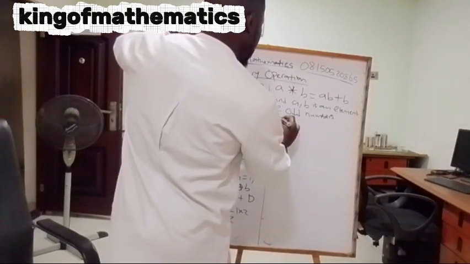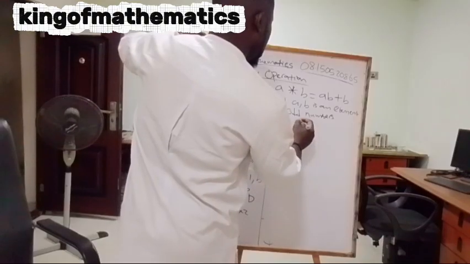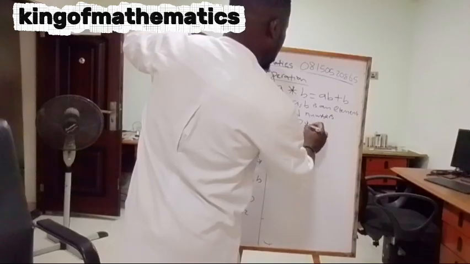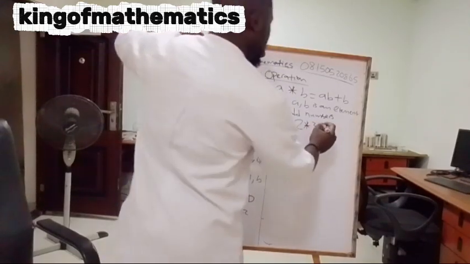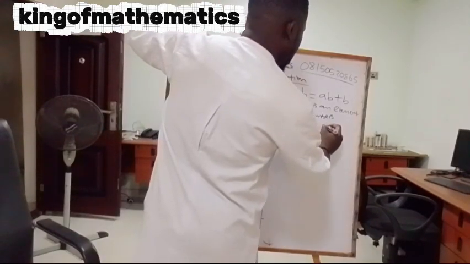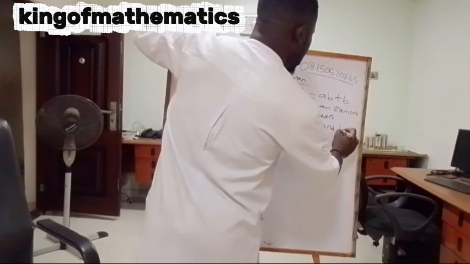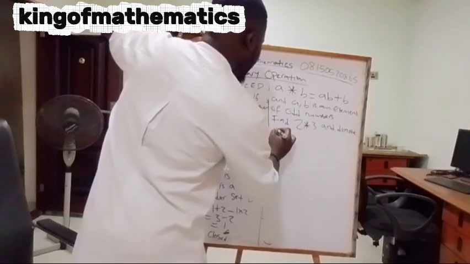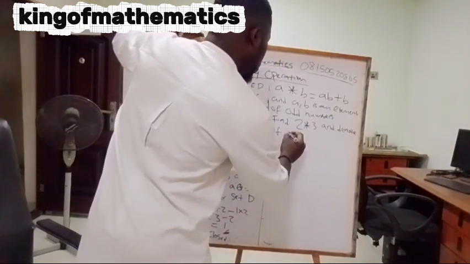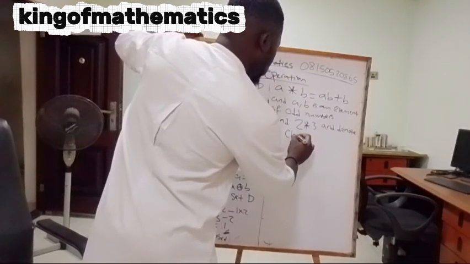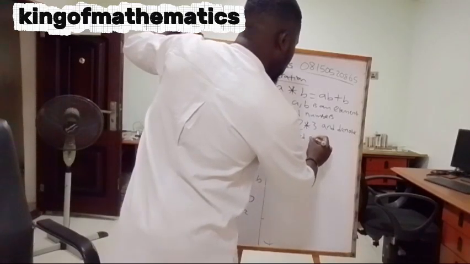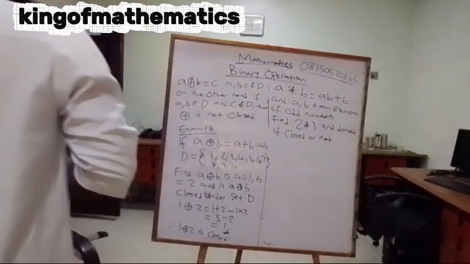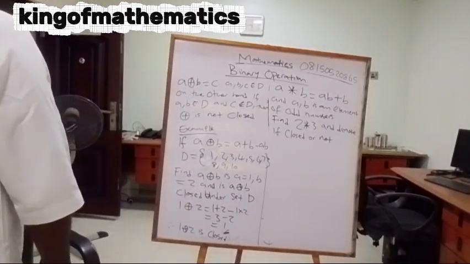Now find 2 operation 3 and denote if it is closed or not. So let's see that one.